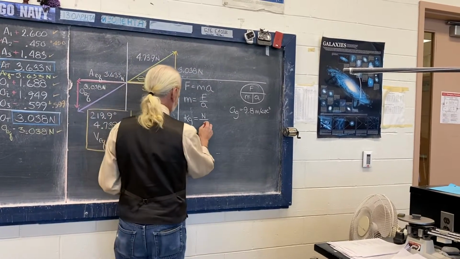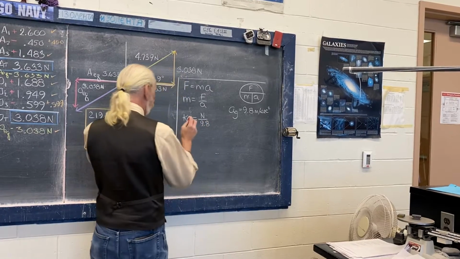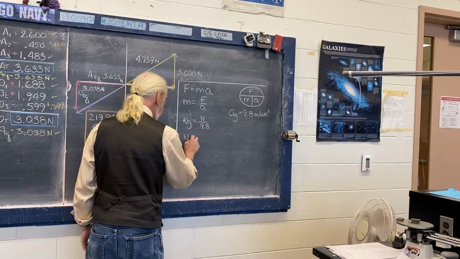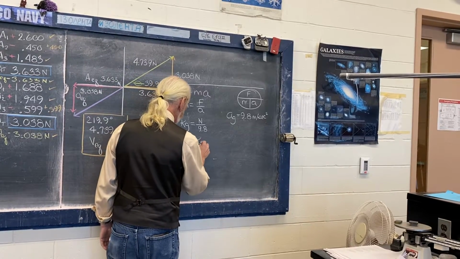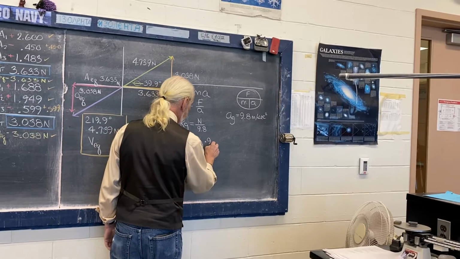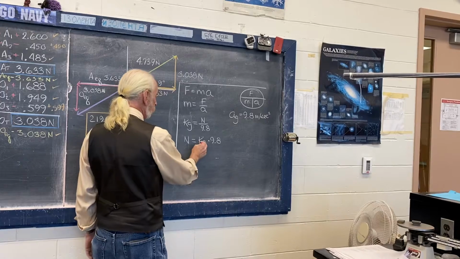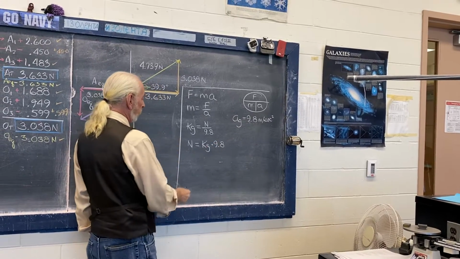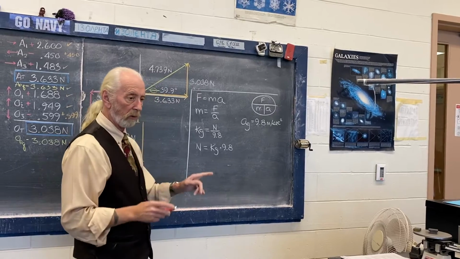So kilograms is going to equal newtons over 9.8, and newtons is going to equal kilograms times 9.8. Force equals mass times acceleration. Mass equals force divided by acceleration. That's how we're going to do it.